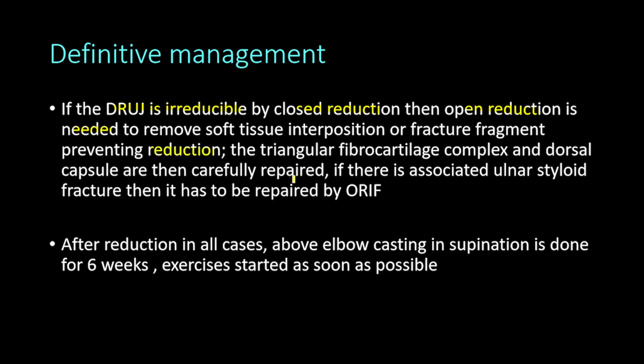With open reduction of the DRUJ, the triangular fibrocartilage complex and the dorsal capsule of the DRUJ are then carefully repaired, and if there is an associated ulnar styloid fracture, then it has to be repaired by open reduction, internal fixation.